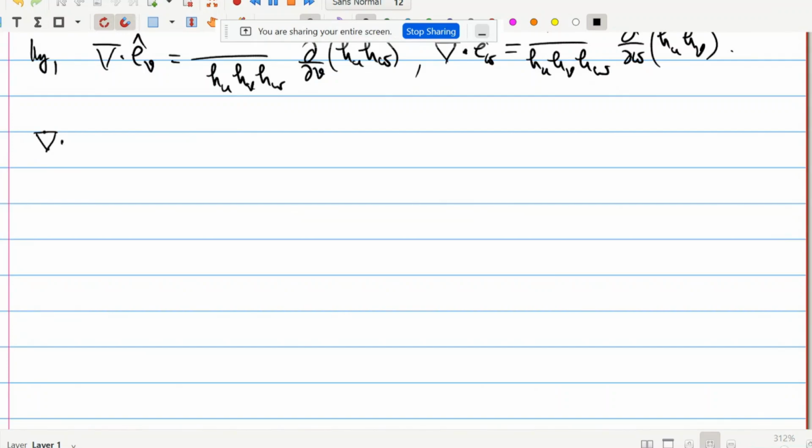Now you have everything, right? Del dot F equals, now I'm putting F1, the first term is F1 into del dot EU cap. So that is giving me 1 over HU, HV, HW, dou U of HV, HW, plus what is the other term?